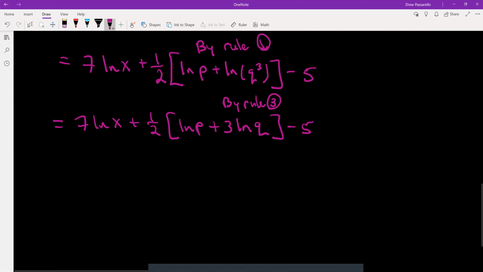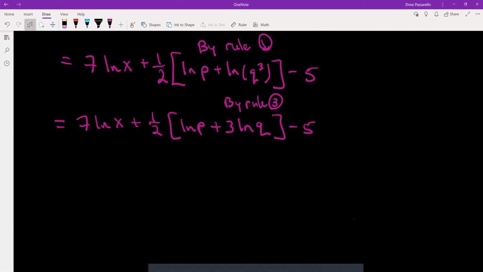All right, so I'm pretty much there. All I'm going to do now is distribute 1/2. So it'll be 7 times natural log of x plus 1/2 times natural log of p. And then do 1/2 times 3. That'd be 3/2 natural log of q. And then I still have the minus 5 at the end.